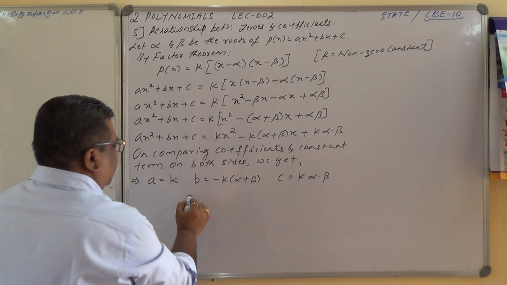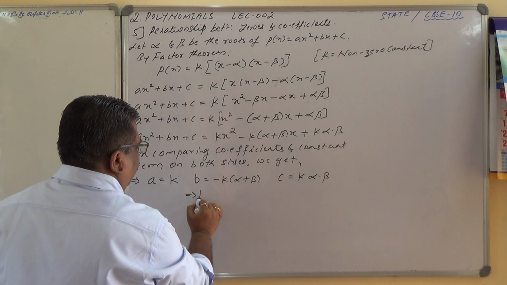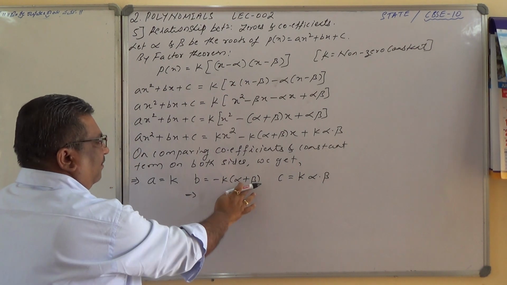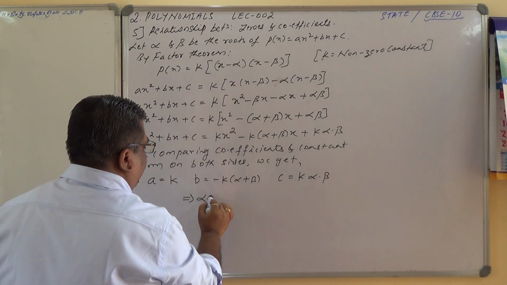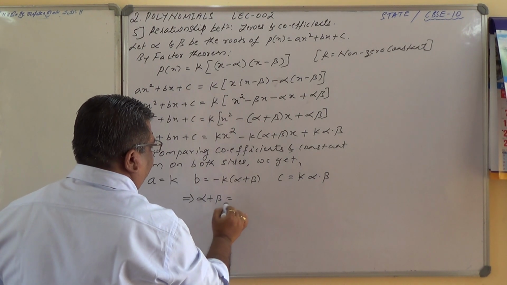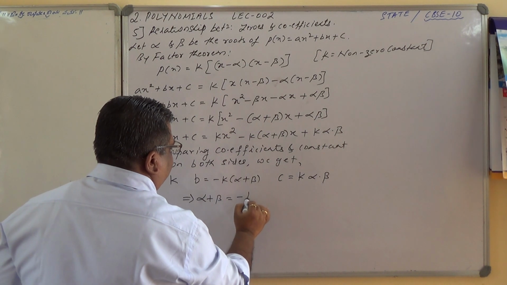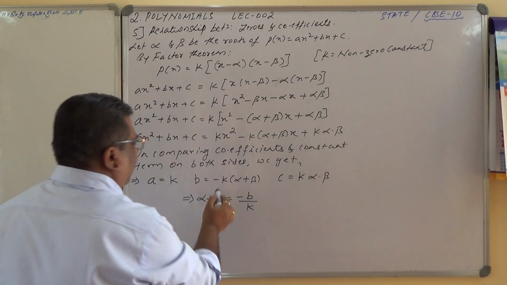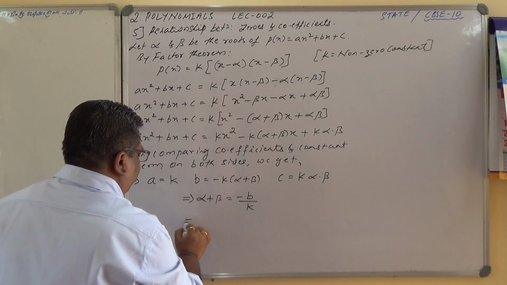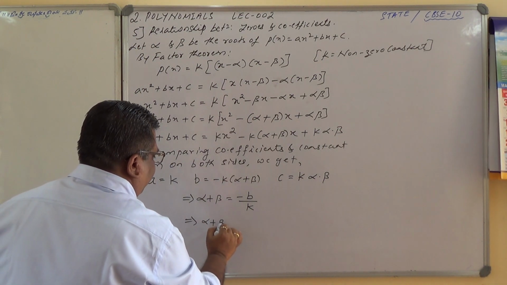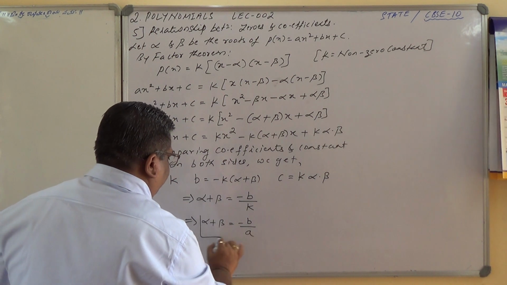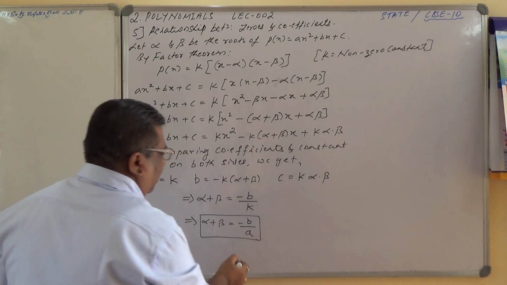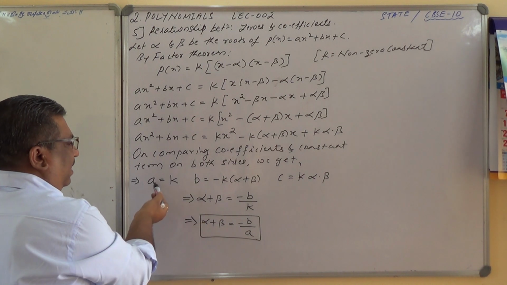Now this implies alpha plus beta equals minus b divided by k. So alpha plus beta equals minus b by a. How did I get this a? Actually k equals a here, because a equals k.